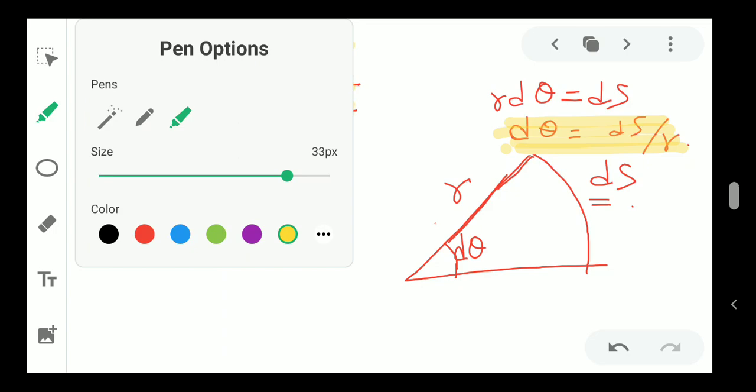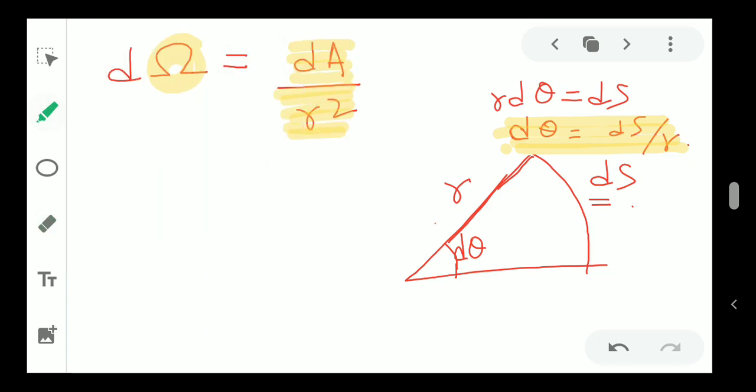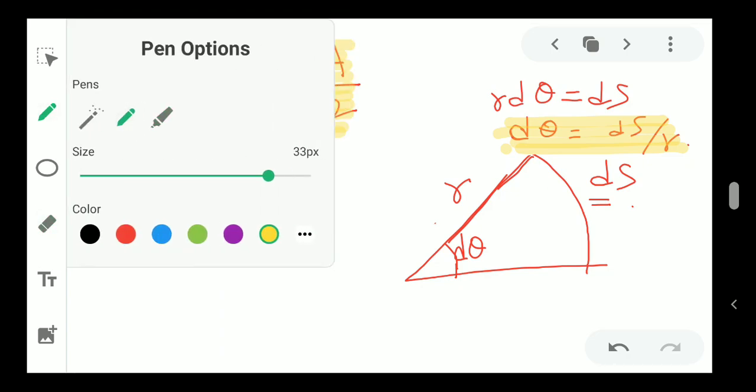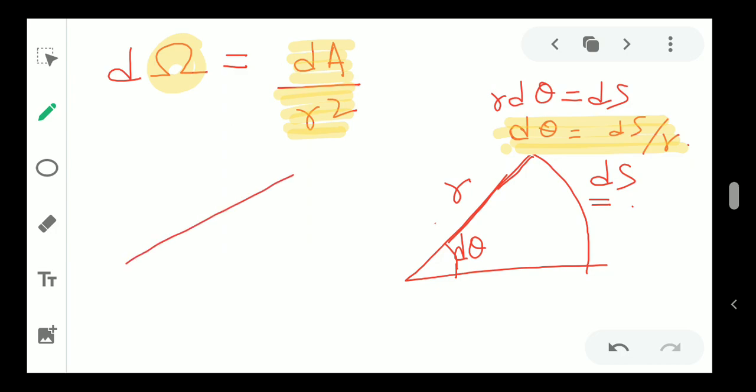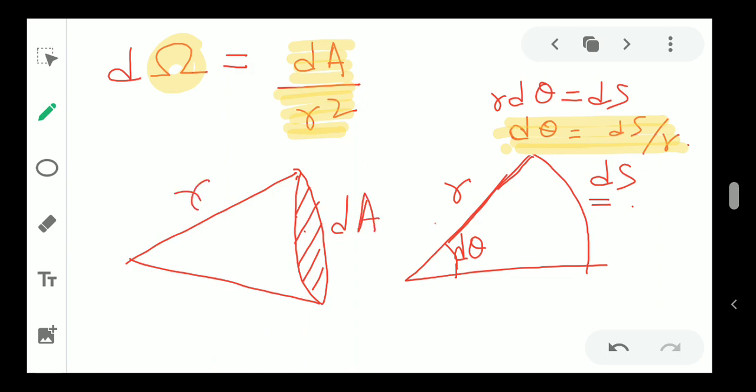Let's say you have a conical section like this, and you have a surface area dA here, and this is your r. So the formula for solid angle will be this much.